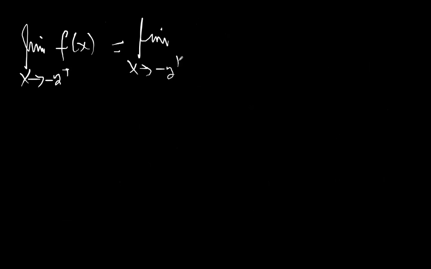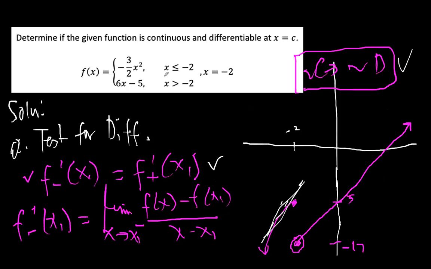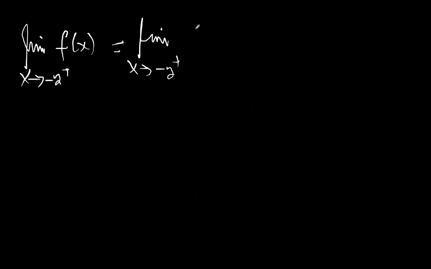So we have the limit of f of x as x approaches -2 from the right. Which function are we going to use? From the right, it is 6x minus 5, of course.